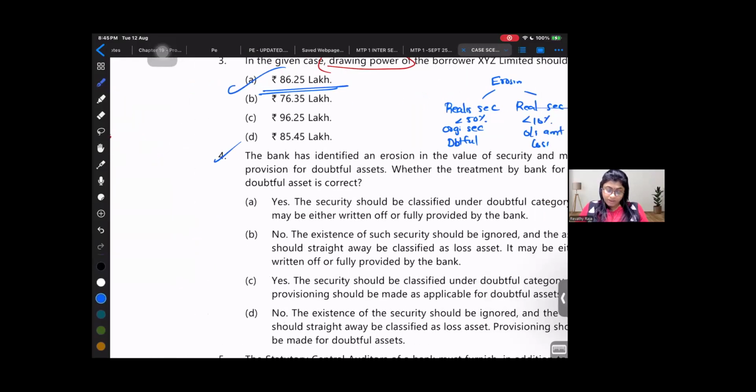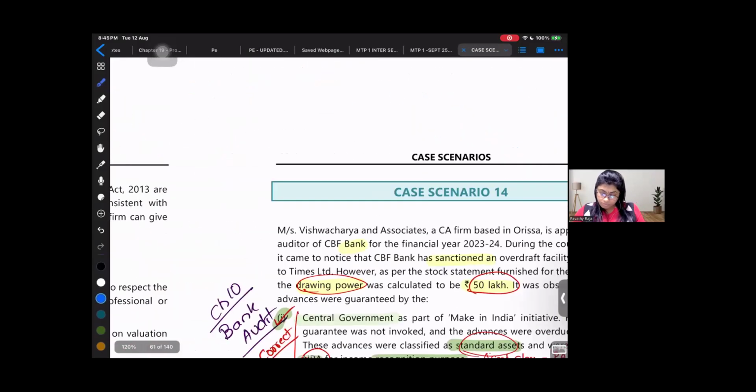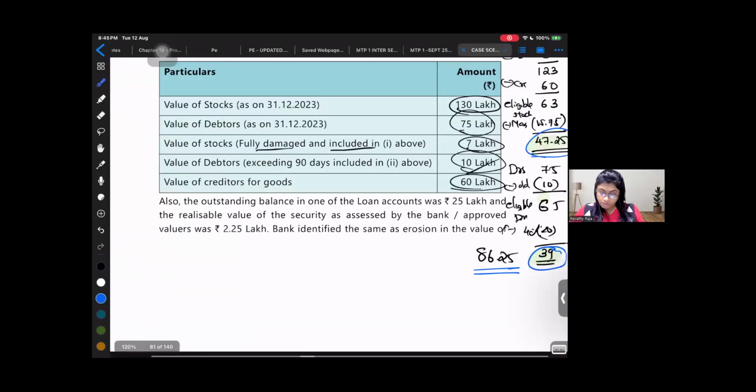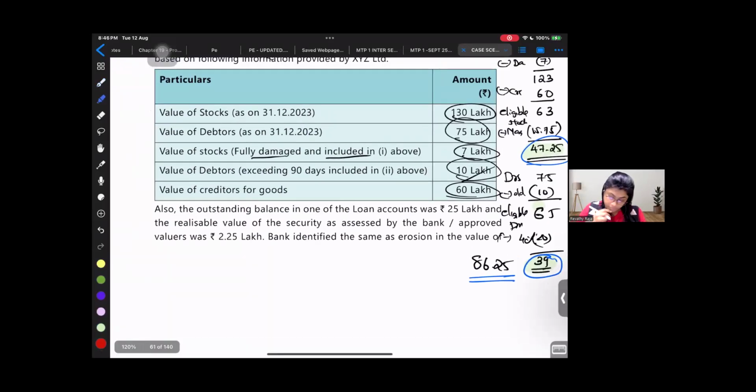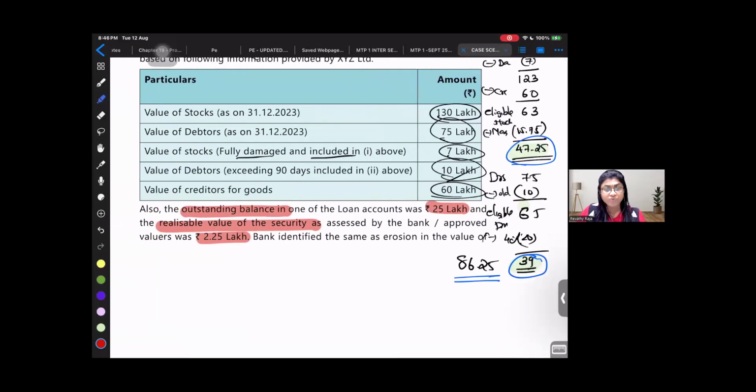Now, can we read back the question, please? The outstanding balance of the loan is 25 lakh. The realizable value of security is 2.25 lakh. Loan amount is 25, outstanding amount. Realizable value of security is only 2.25.